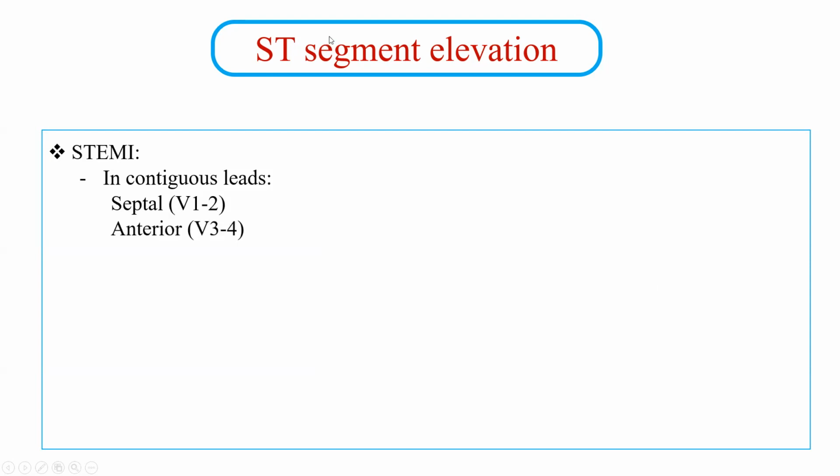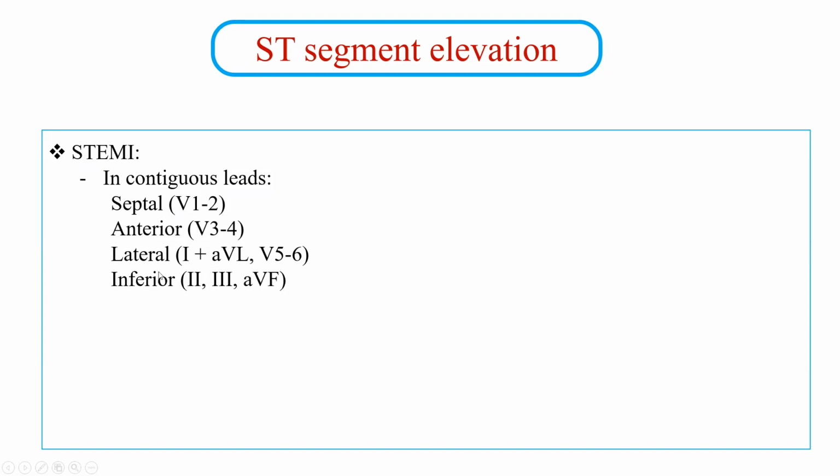If the ST segment elevation is in V3 and V4, they are looking at the anterior wall, so the patient will have an anterior infarction. Lateral leads, which are lead 1, AVL, and V5 and 6, look at the lateral wall of the heart. So if the ST segment elevation is found in these leads, you have to think about lateral ischemia.